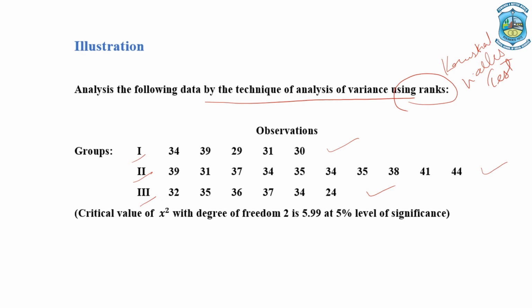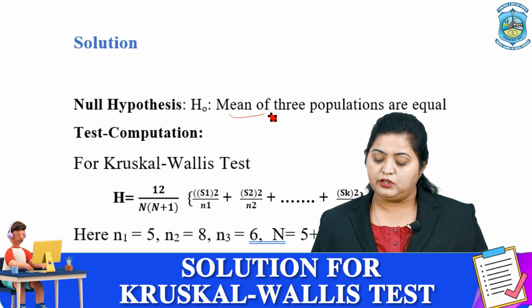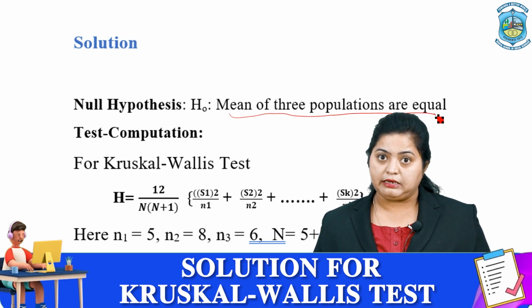For this, the chi-square value for degree of freedom 2 is 5.99 at 5% level of significance. That means we have to check our null hypothesis at 5% level of significance. Now for the same problem, our null hypothesis is the means of three populations are equal.